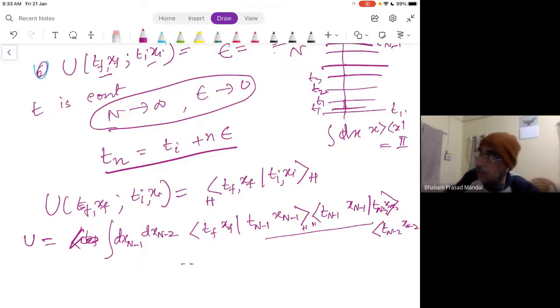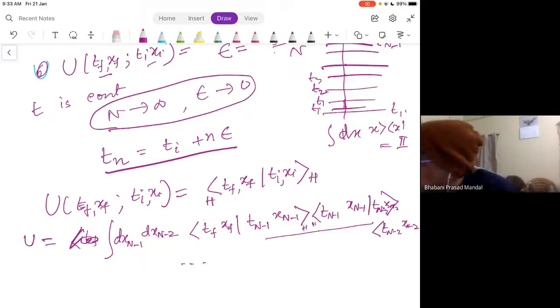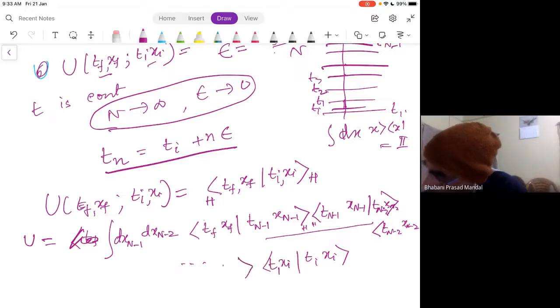The last term was T initial and x initial. Before that you will have T1 x1 and T1 x1, and the last integration will be dx1.